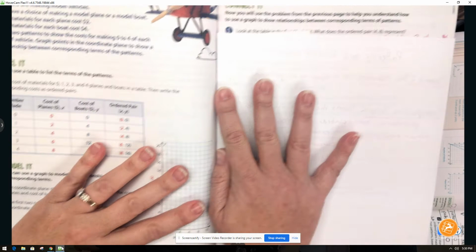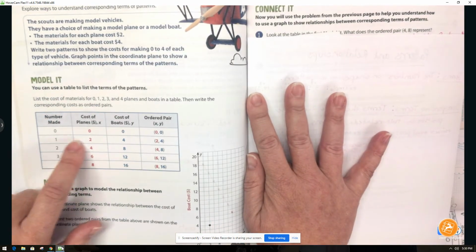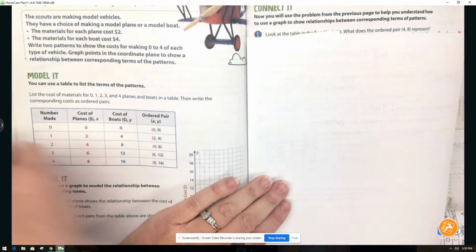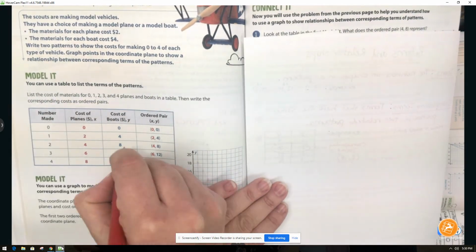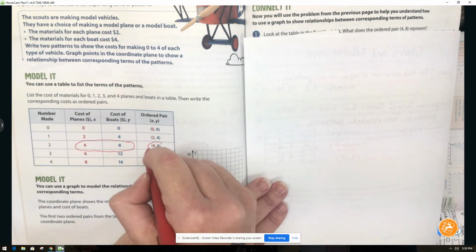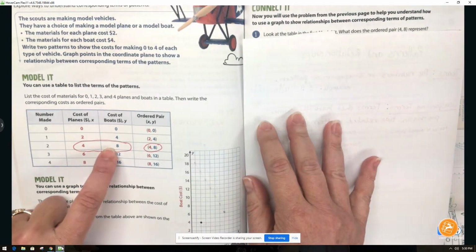So if we're looking at the table in Model It up here, what does the ordered pair 4, 8 represent? So they want us to look at this ordered pair, and what does it represent? What does the 4 mean, and what does the 8 mean?